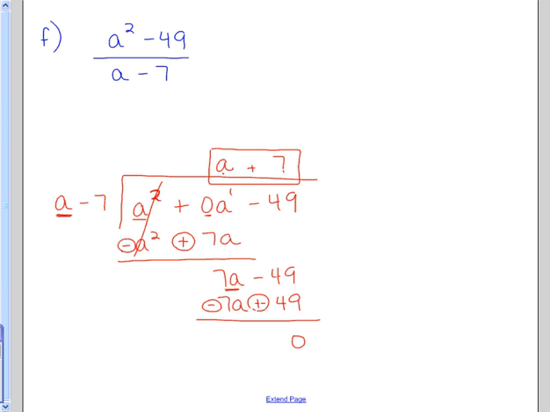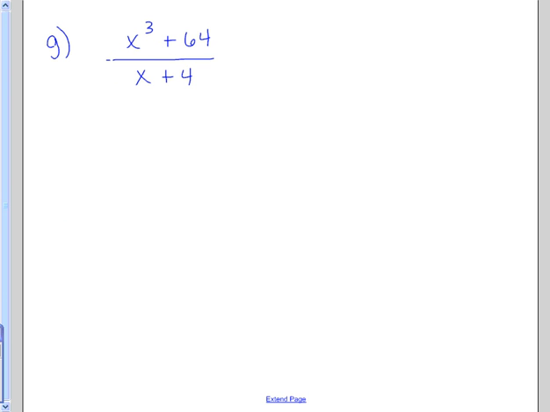I want to work out another problem like this where you have to put the zeros, and maybe it'll help you see a little bit more. Here I have x plus 4 divided into x cubed plus 64. Well, if I have an x cubed, I have to have a place for x squared.